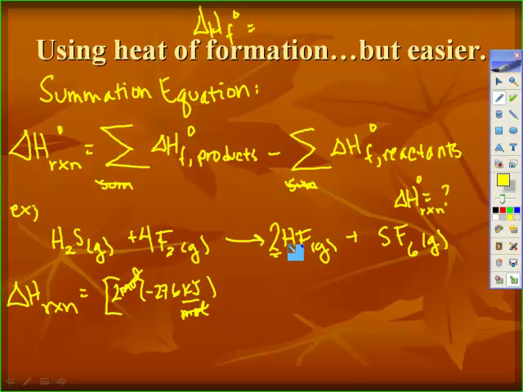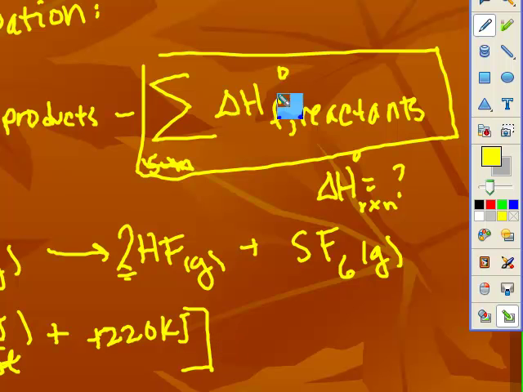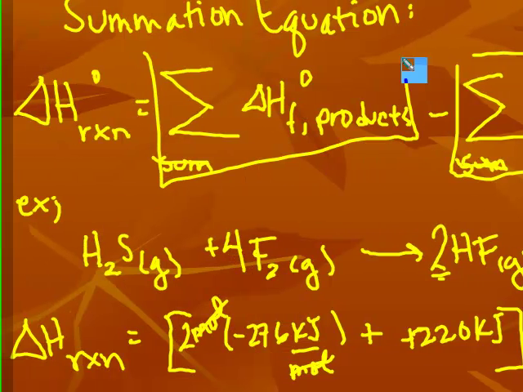So we're not just making 1, we're making 2. Then we're going to add to that the sum of 1 SF6, and if I look at my table, I'm finding that that's negative 1220. And that's just times 1, so I'm okay. And that takes care of the products, this part of my summation equation.